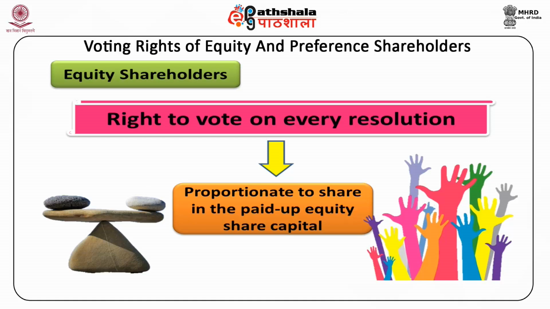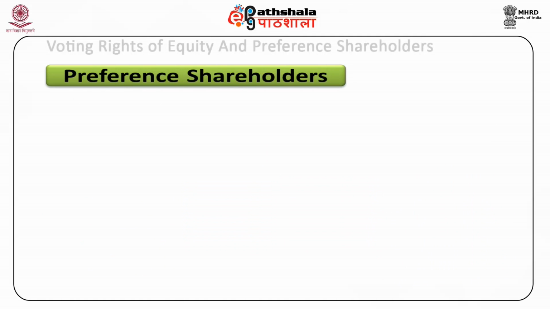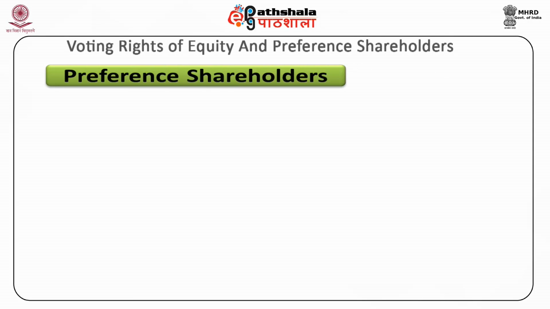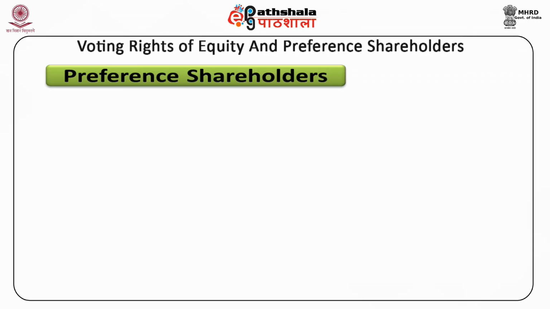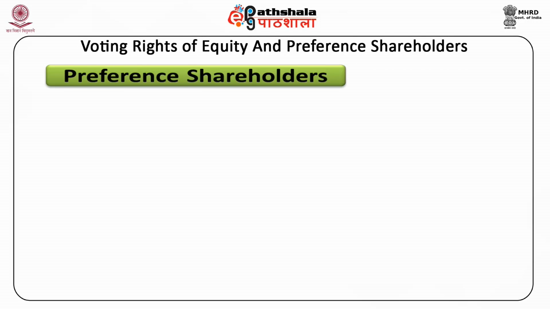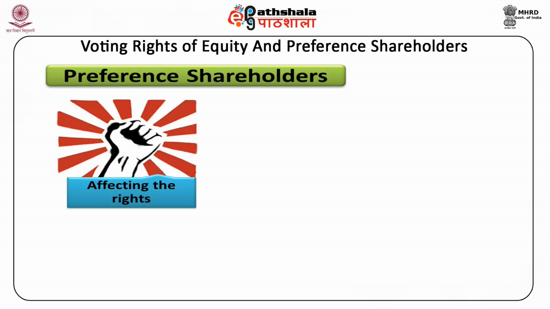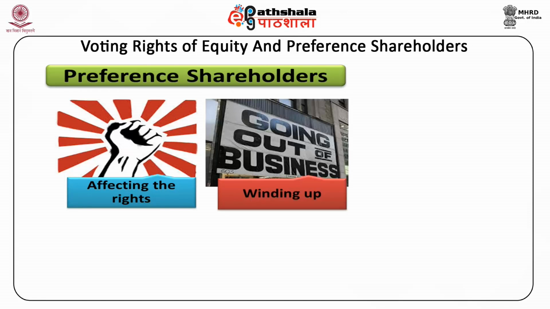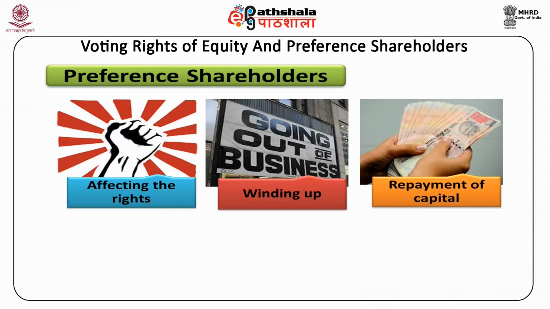capital of the company. Second, every member of a company limited by shares and holding any preference share capital shall have a right to vote only on resolutions placed before the company which directly affect the rights attached to his preference shares and any resolution for the winding up of the company or for the repayment or reduction of its equity or preference share capital.